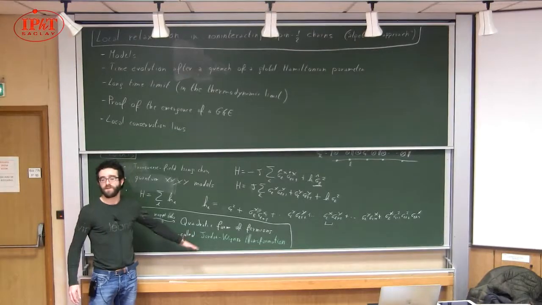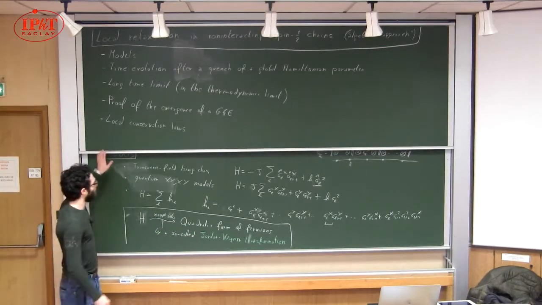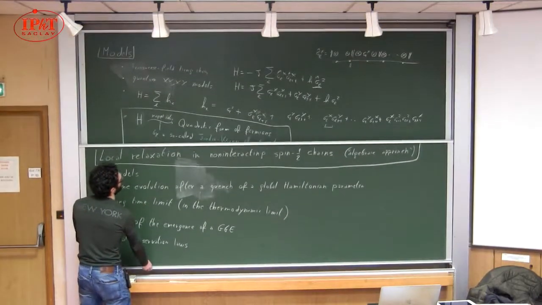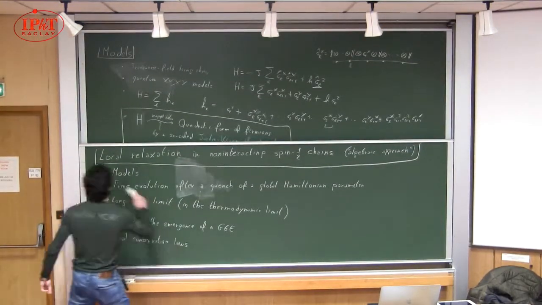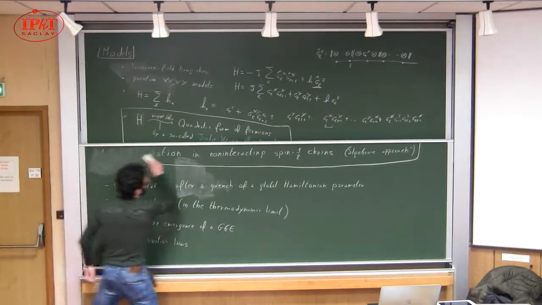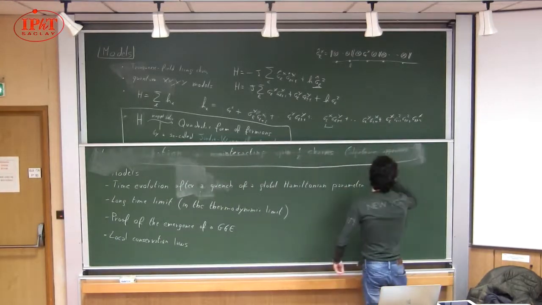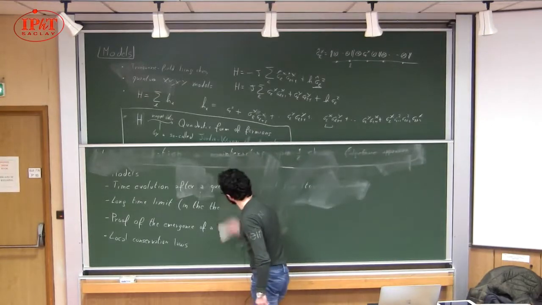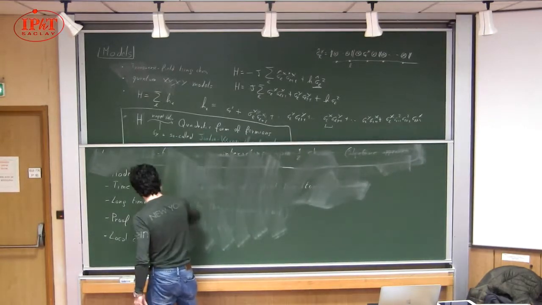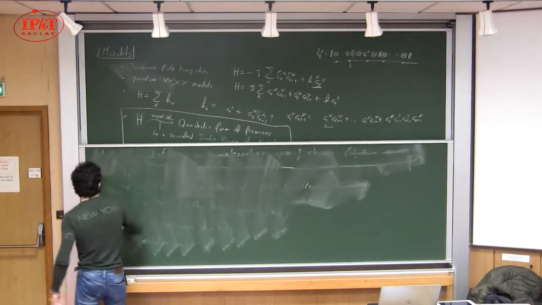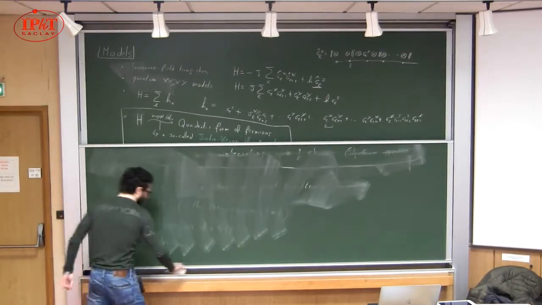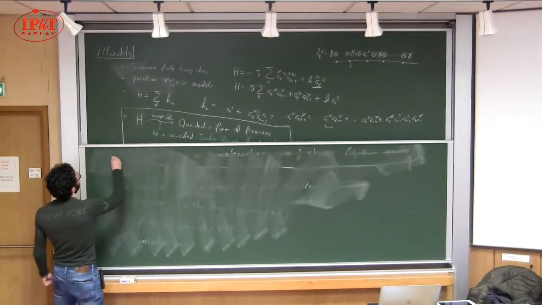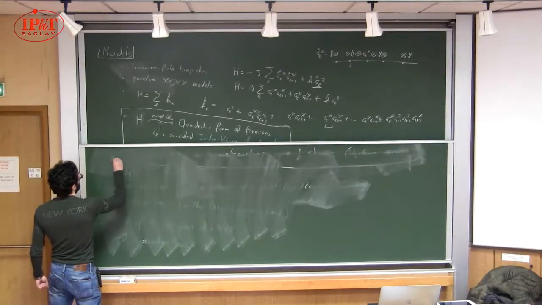This is called the Jordan-Wigner transformation. So what is this transformation? You define an operator like this.